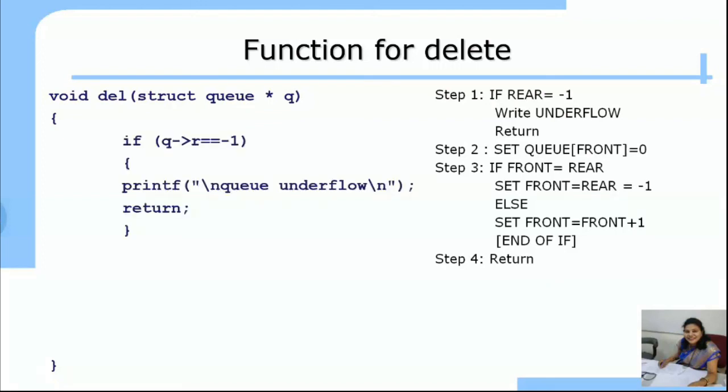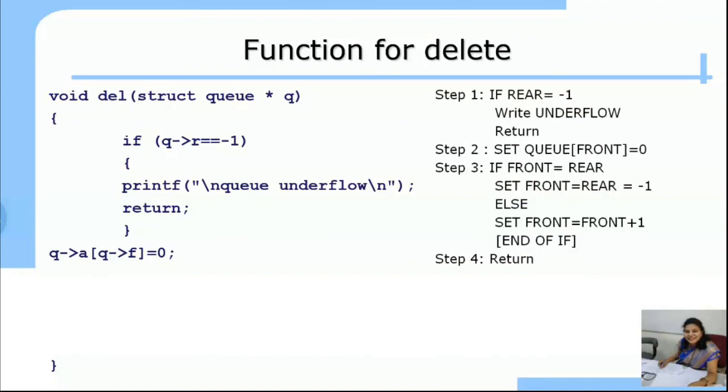As in step 1, we are checking for the underflow condition. If rear is equal to -1, then we print queue underflow. In step 2, queue of front is equal to 0. Queue of front means in our structure there is an array A. So we set q of A of q of f is equal to 0.